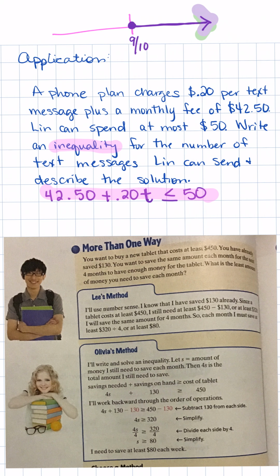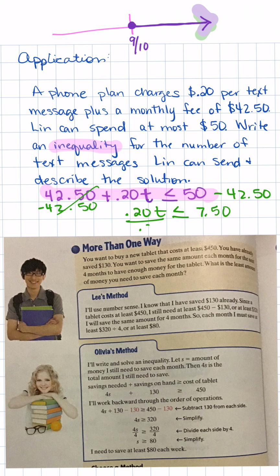So we need to see, let's solve it so that we can describe it. So we want to get the $42.50 on the other side, so let's subtract it from both sides. So these get crossed out, so now we have 20 cents t is less than or equal to $7.50.